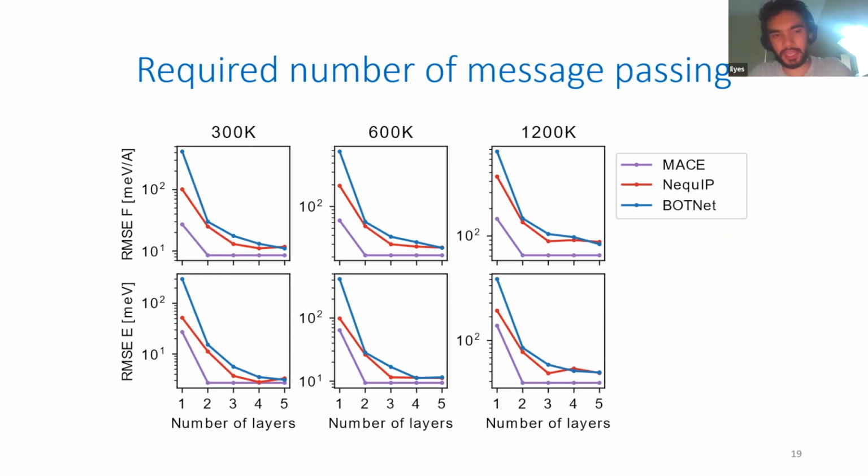We plot the accuracy in both forces and energy with respect to the number of layers. And you see that MACE in purple converges to its best accuracy in just 2 layers, while Nequip and Botnet, which are strictly 2-body MPNNs, take much more layers to converge.